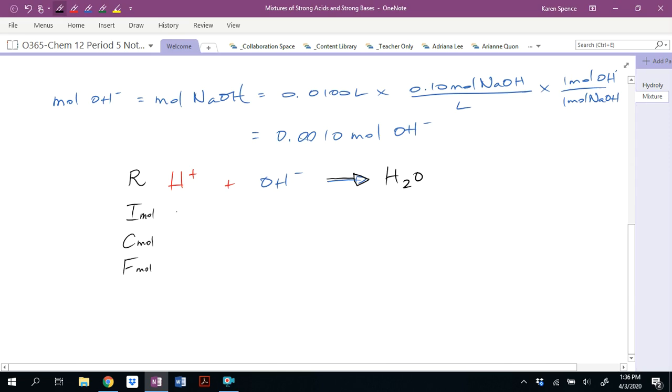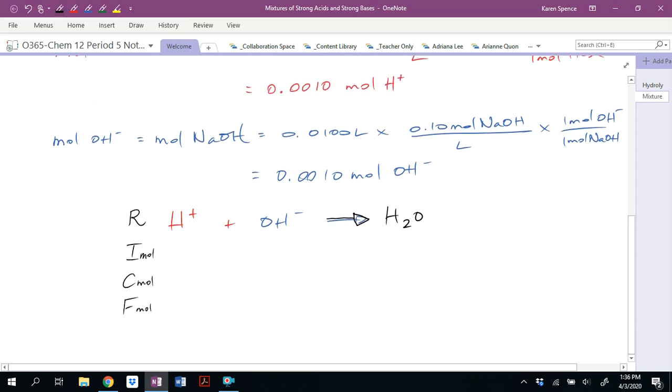So our initial moles of hydrogen is, just make sure we check on that, okay, so we have 0.0010 moles of hydrogen.